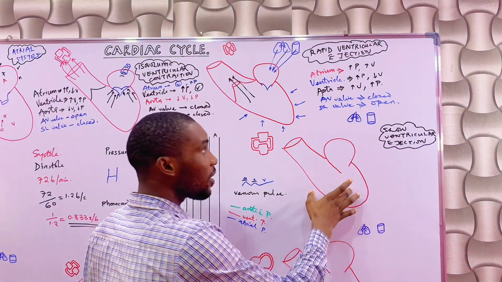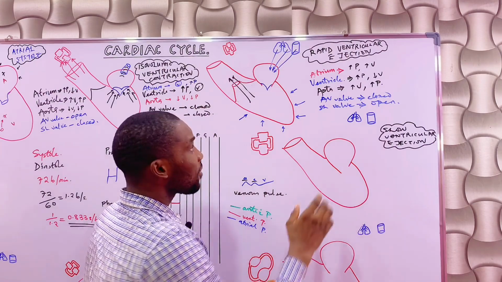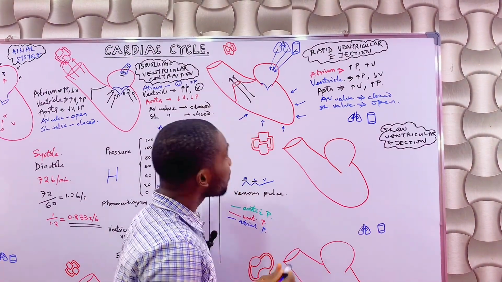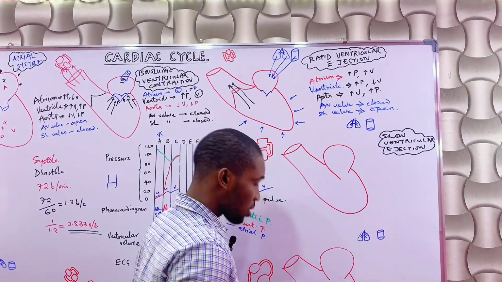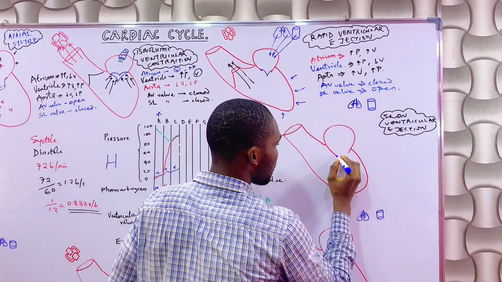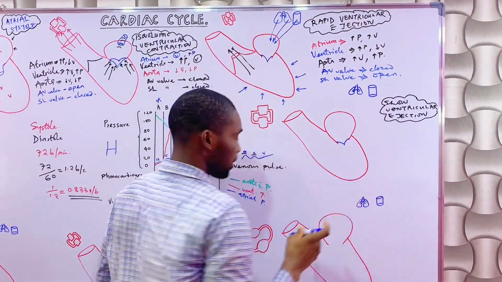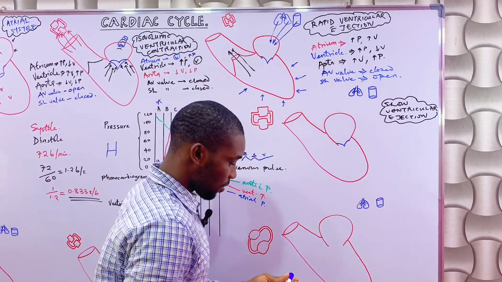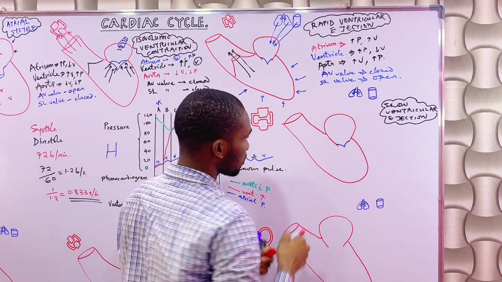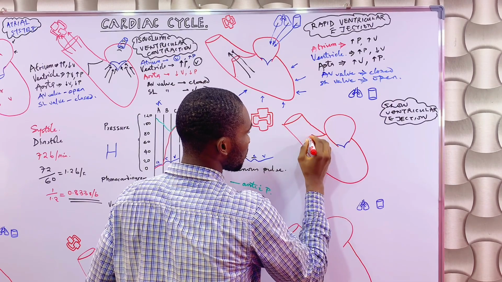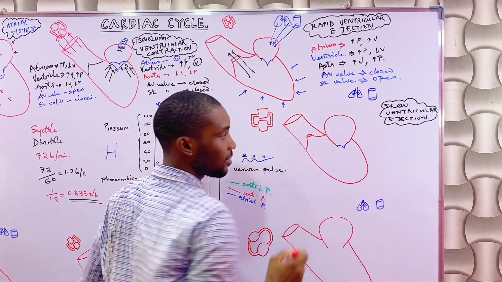Now, in this phase, what happens? The ventricle, remember that the AV valve was already closed from previously. AV valve was closed, and the semilunar valve was open. So we have our semilunar valve open, right?